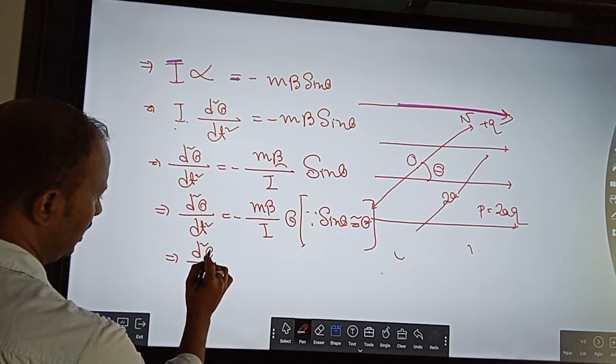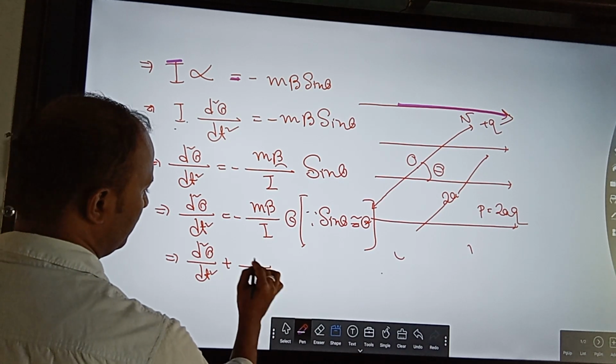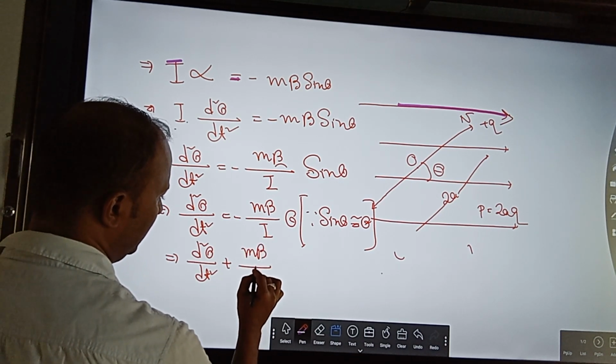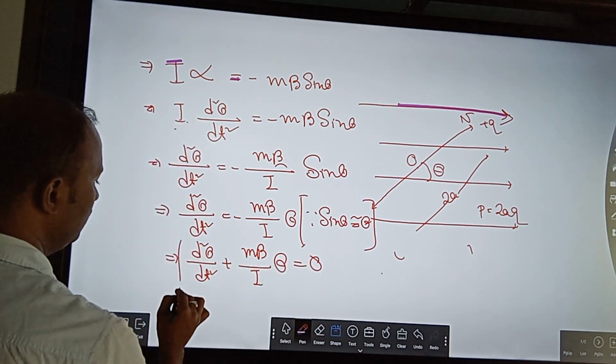So d square theta by dt square plus mB by I theta is equal to 0.